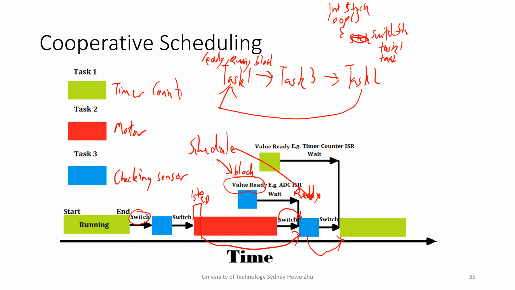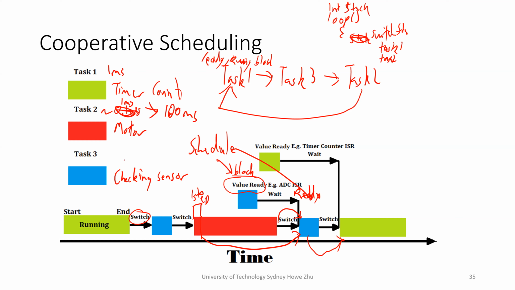Another problem I'll propose to you guys is that cooperative scheduling is bad with timing. The problem is you don't have a set time to run each block. Task 1 could take 1 millisecond. The motor task could take an arbitrary amount, from 1 microsecond to 100 milliseconds.